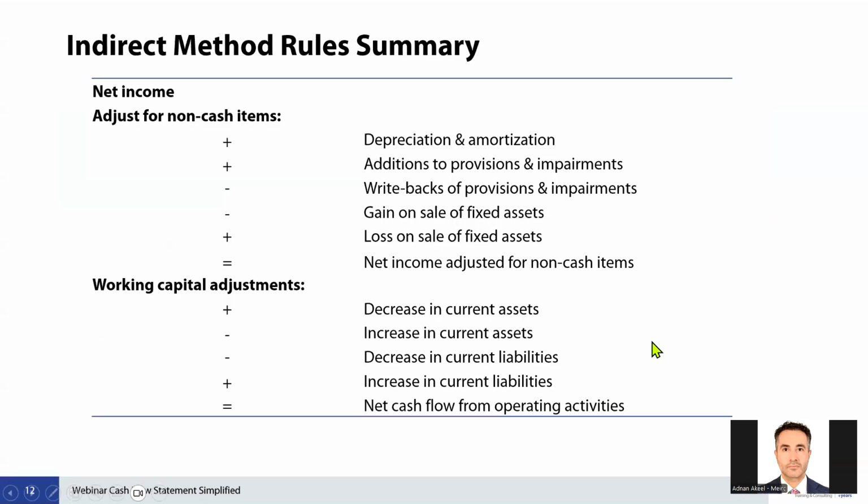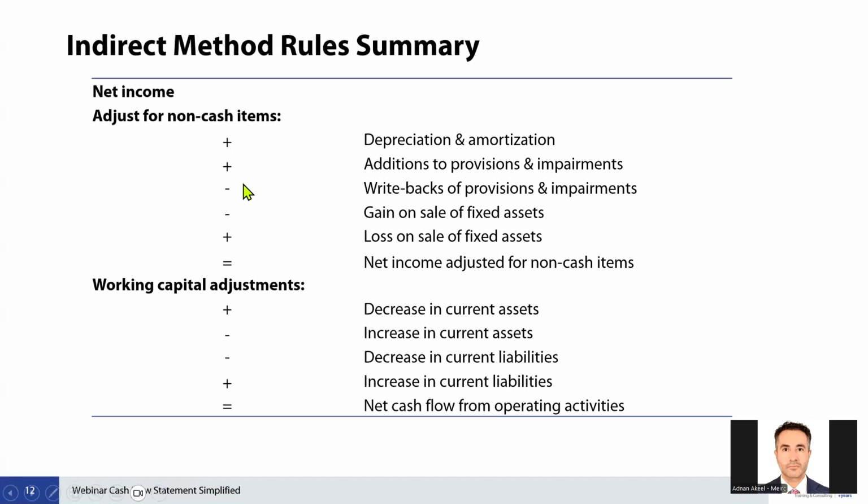As you see at the top, we start with the net income. Then we need to adjust for the non-cash expenses. So in particular, any depreciation or amortization expenses are added back. Any additions to provisions and impairment, meaning any new provisions or impairment done, also need to be reversed by adding them back.